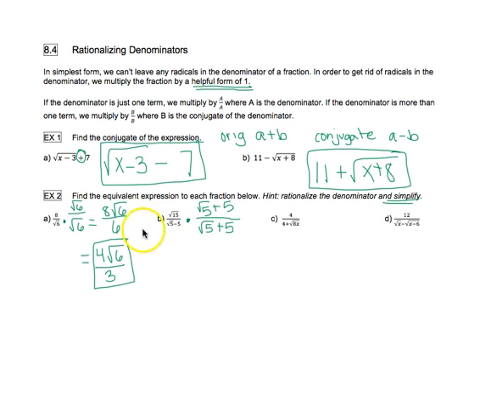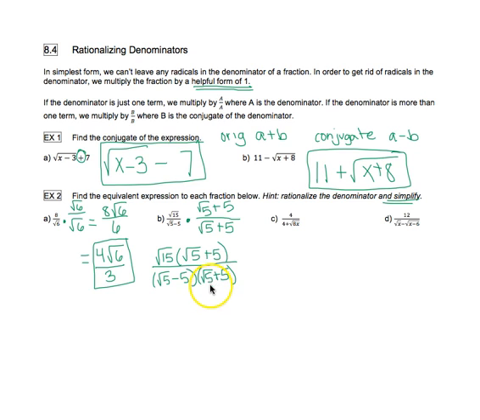So on the top, I'm not going to distribute first. That's a strategy that is usually good to use when we are talking about rationalizing: we may eventually distribute, but I usually wait to do it. So we're going to multiply radical 15 times this whole thing in the top. On the bottom, we have to do radical 5 minus 5 times radical 5 plus 5.